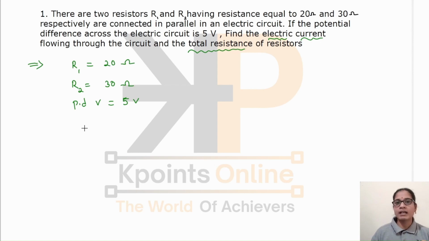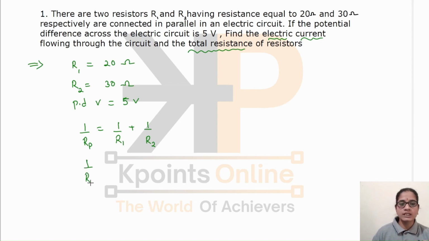Now in case of parallel combination of resistance, we can calculate the total resistance from the formula 1 upon Rp is equal to, here there are only two resistors, so 1 upon R1 plus 1 upon R2.